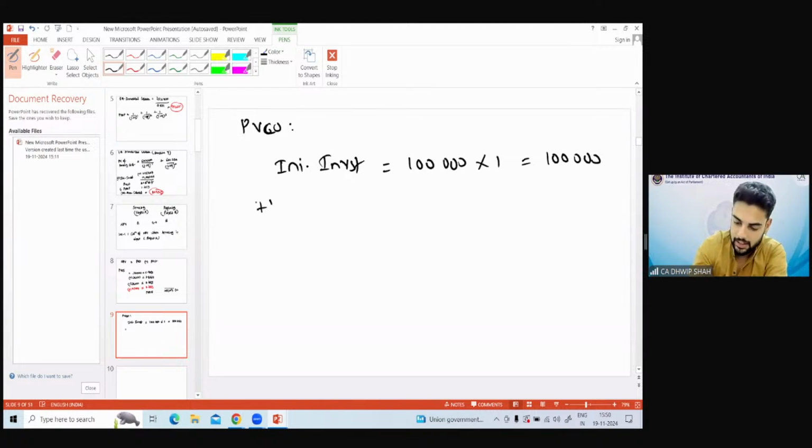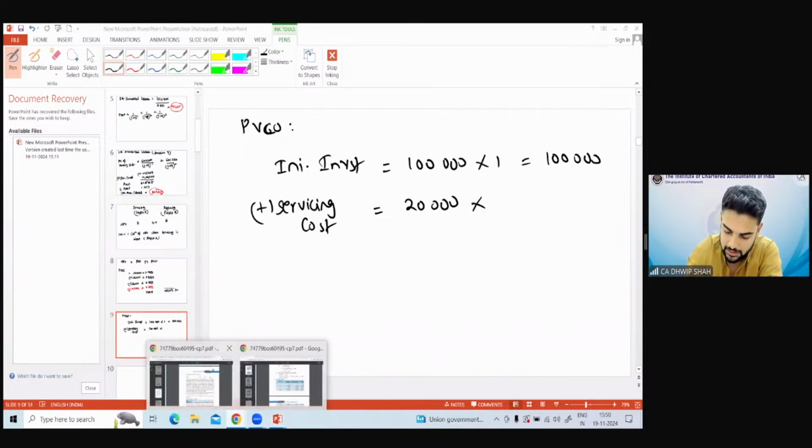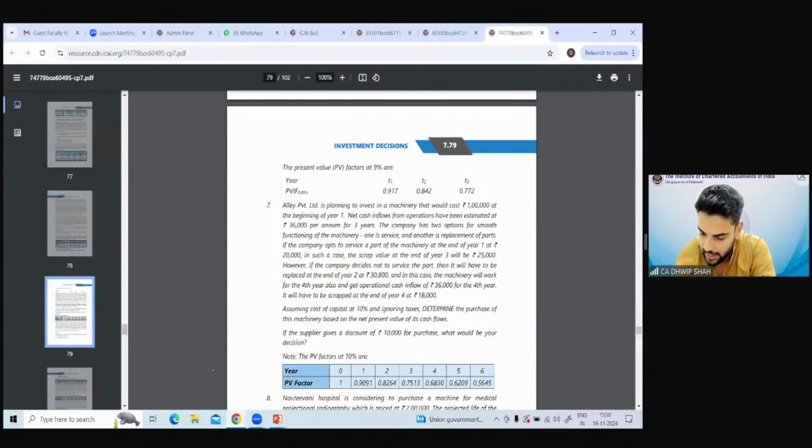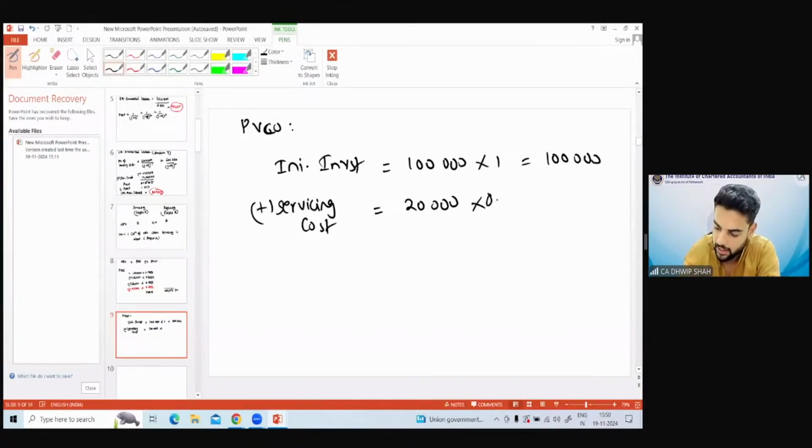But there is additional servicing cost of 20,000 that company has to incur at the end of year one. See, it is written in the question. At the end of year one, 20,000 would be servicing cost. So we need to discount that, so 20,000 into 0.9091, 18,182. So my total PVCO comes to 118,182.